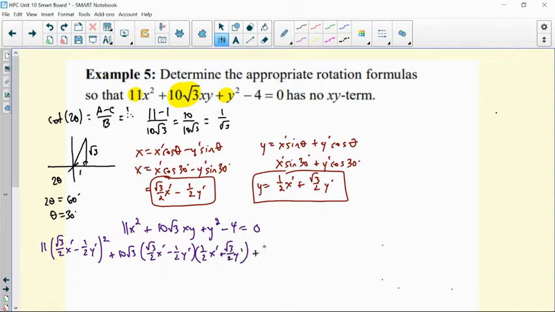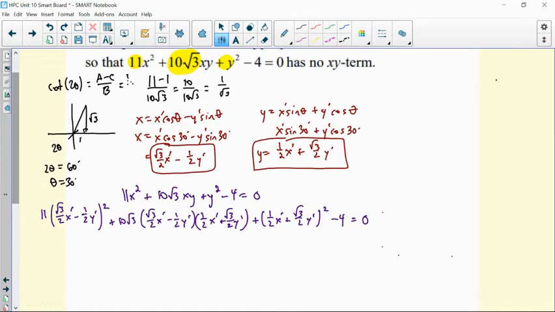So our y value again, 1/2 x prime plus root 3 over 2 y prime squared, minus 4 equals 0.